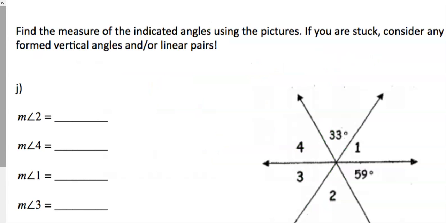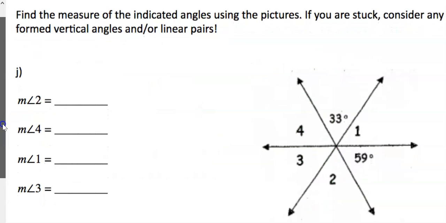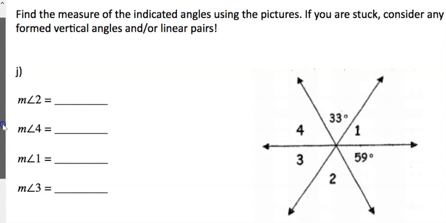All right, a few more diagrams here. Find the measure of the indicated angles using the pictures. If you're stuck, consider again any vertical angles or linear pairs, because all intersecting lines like this will form vertical angles and linear pairs. So we have a couple angles here. So we have 33.